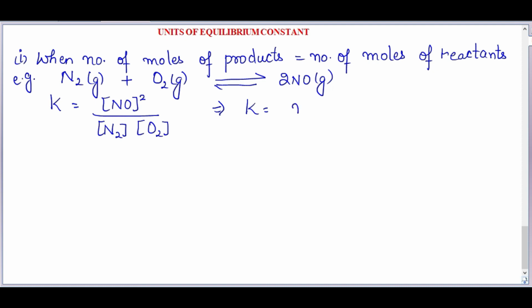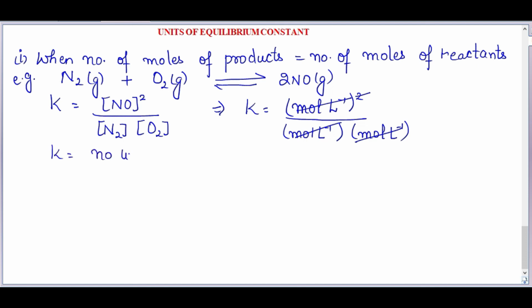So you just put the unit in all the reactants and products, mole liter inverse power 2. Here again mole liter inverse, right? Here I'm having only 1 mole, so definitely I'll get the same value, mole liter inverse. I'll cancel this mole with the square and again this mole with this. So K is having no units, right?